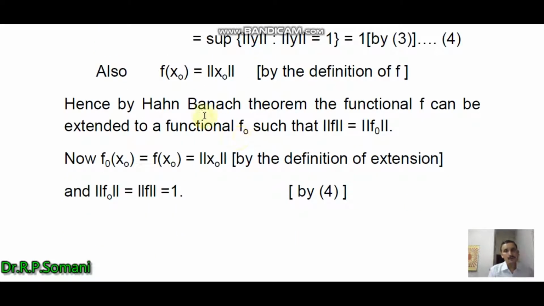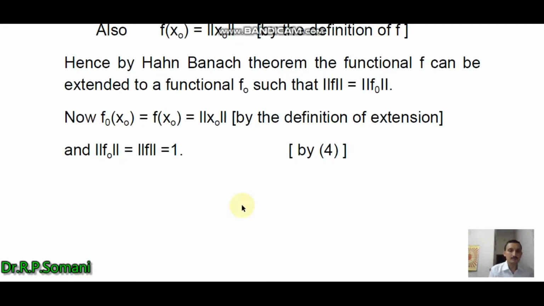So hence by the Hahn-Banach theorem, the functional f can be extended to a functional f0 on the whole space such that norm of f equal to norm of f0, and f0(x0) equal to f(x0) equal to norm of x0 by definition of extension, and norm of f0 equal to norm of f equal to 1 by equation 4. So in this way we obtained the required functional with these properties.